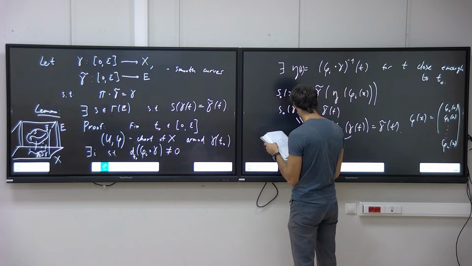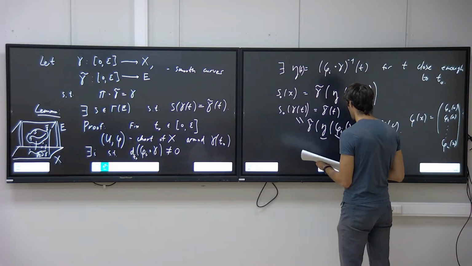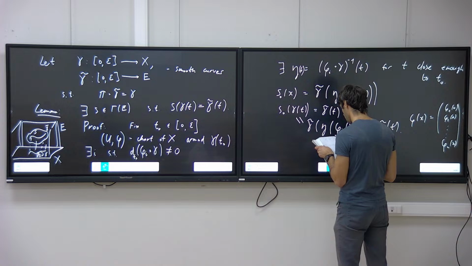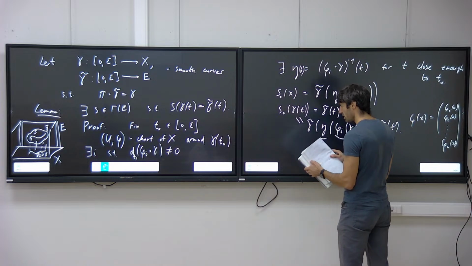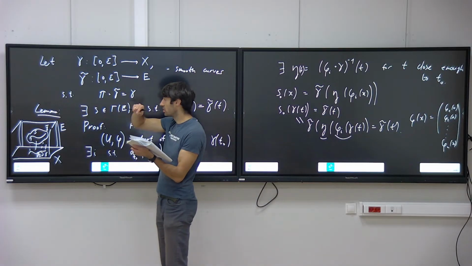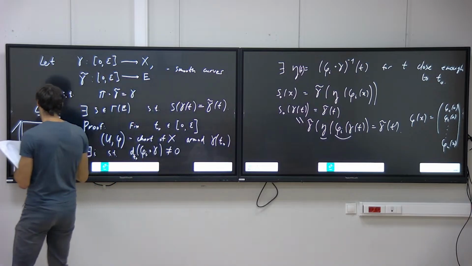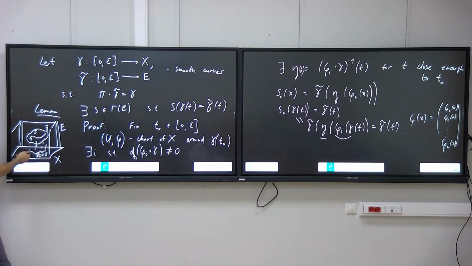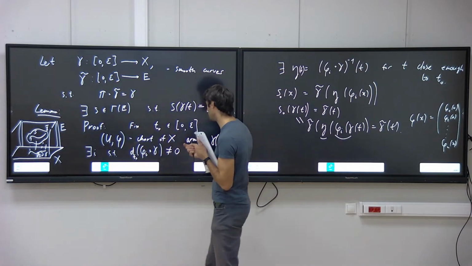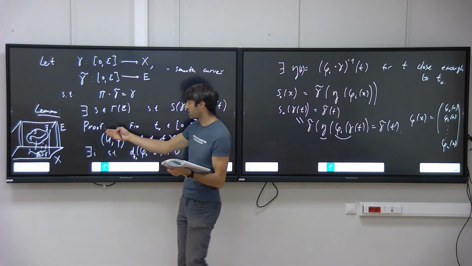This is a compact thing, right? I do this construction for each point t0 in here. From that I can consider a finite subcover.